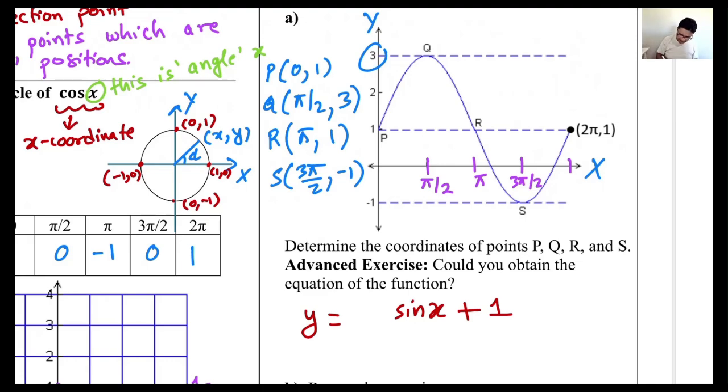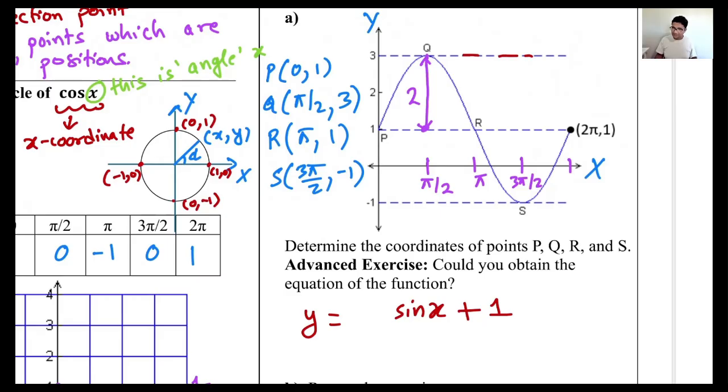But if you simply take just sine x plus 1, at the most its max value should have been only 1 plus 1, 2. But you noticed here the max value is 3. The height of the Q is at 3. That is because from the average position, the mean position is here at the height y equals 1, and the distance from 1 to 3 is 2 units.